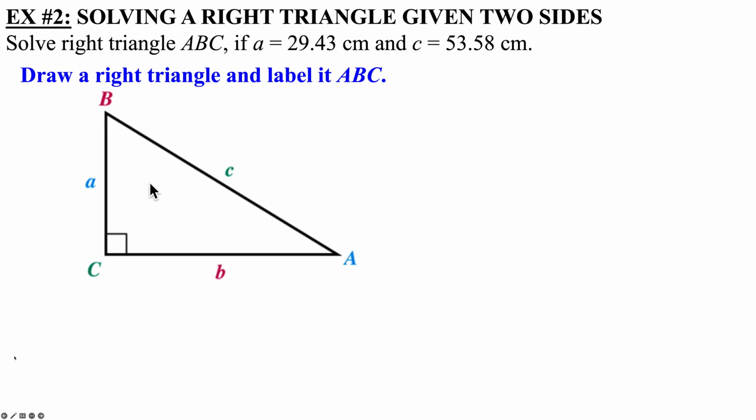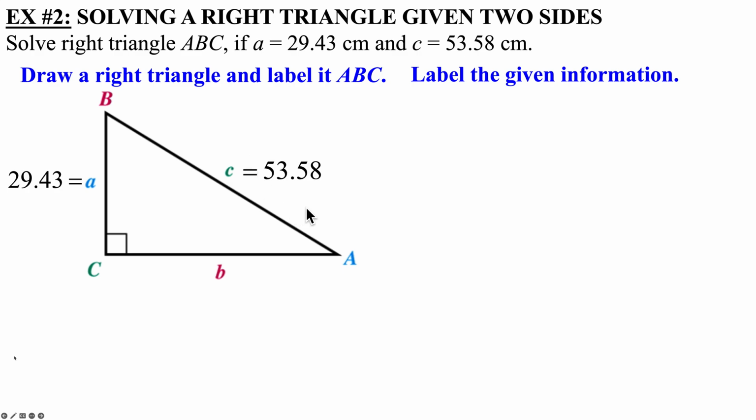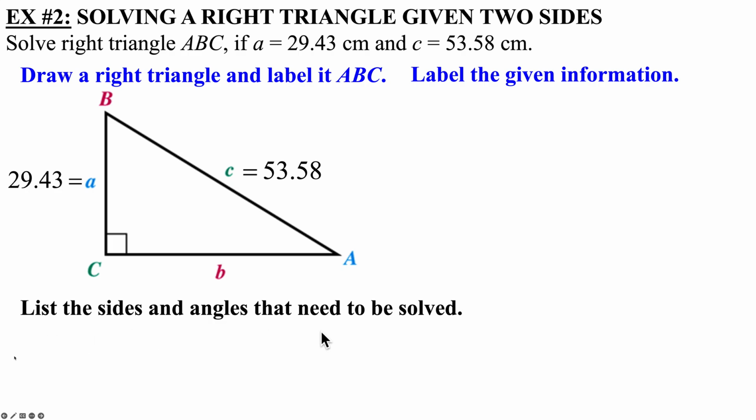All right, let's go to work here. Draw our right triangle. Let's put in our values. Over here is my 29.43. Here's my 53.58. List down what it is we have to find. We have to find angle A, angle B, and side B. What's going to be the easiest to find? Well, all 3 are pretty much the easiest.